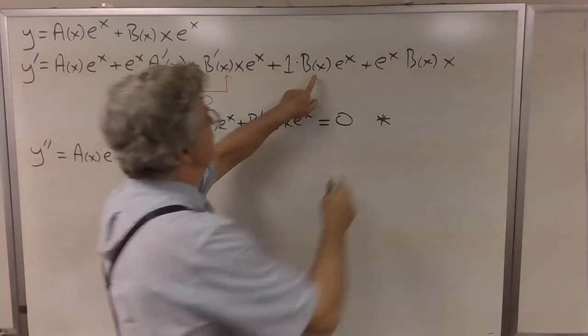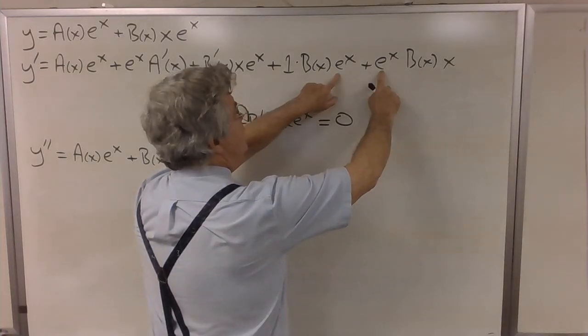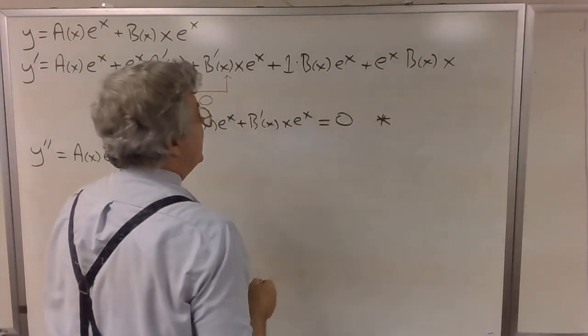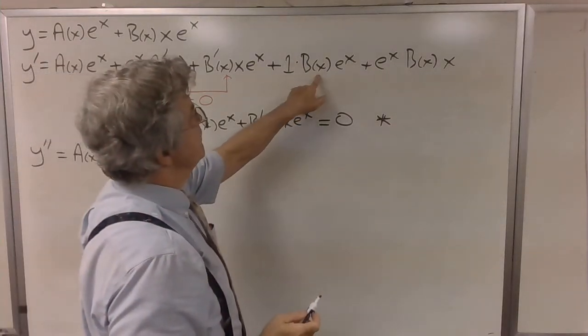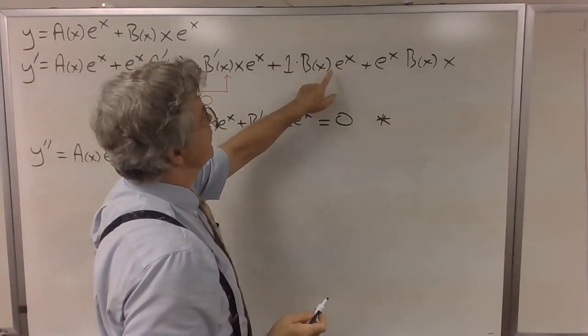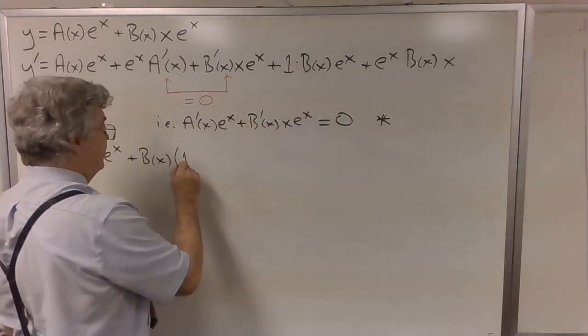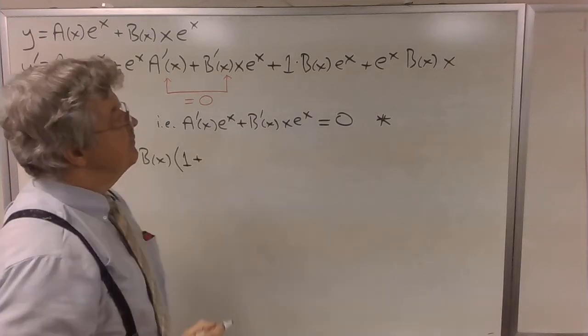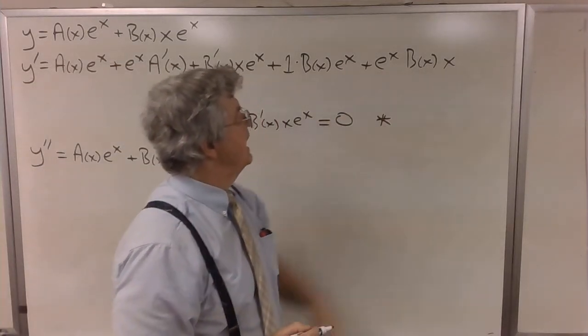And I have a b of x in both terms here. I have an e to the x in both terms here. So let's see. If I factor b of x e to the x out of this term, I get 1. If I factor b of x e to the x out of this term, I get x.